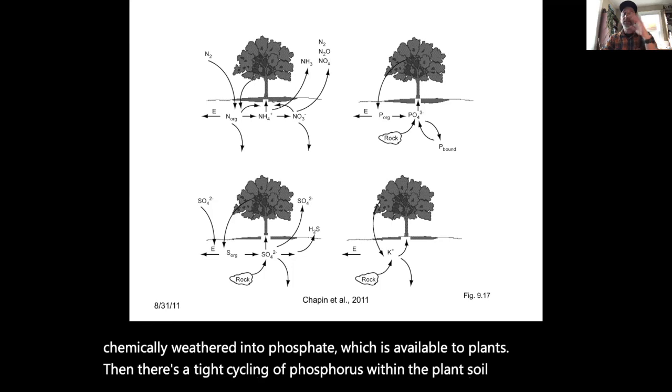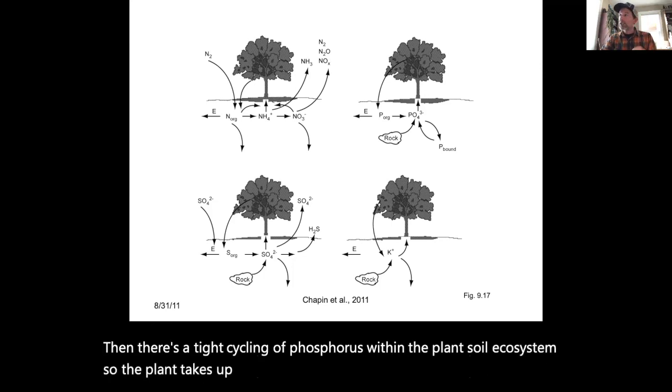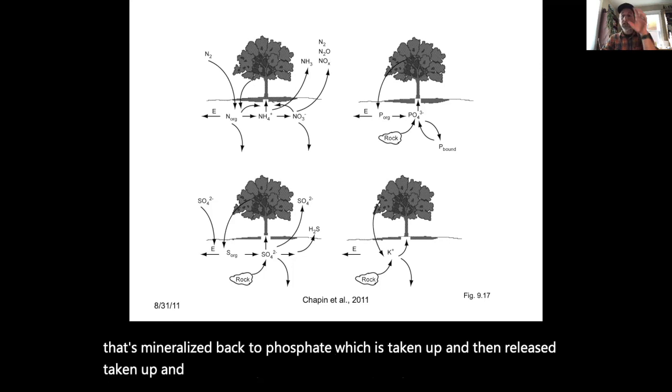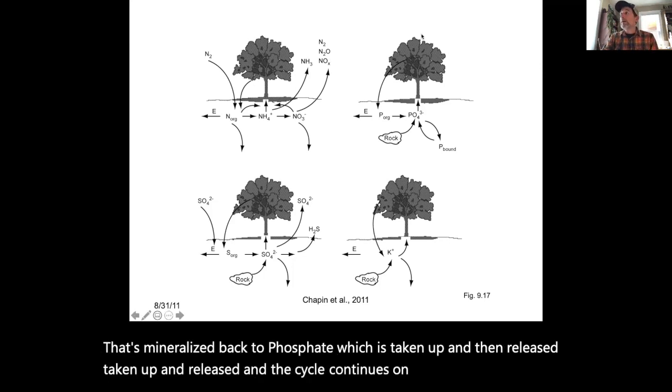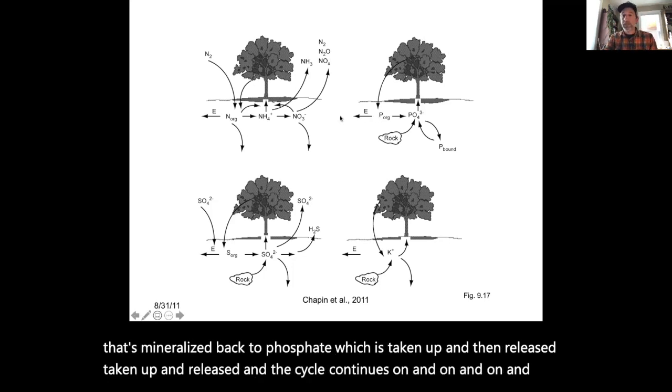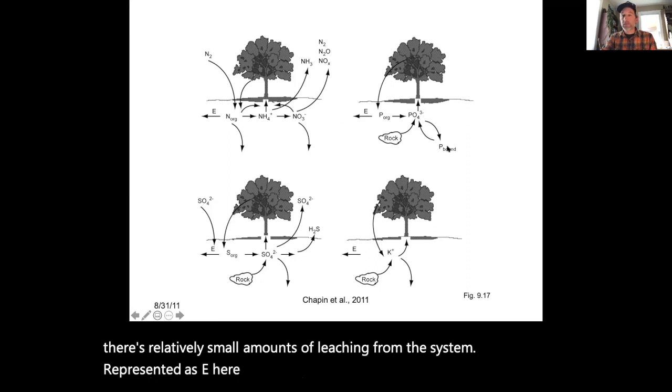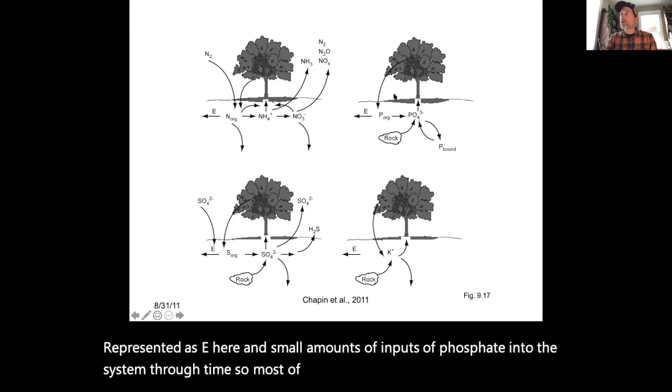So the plant takes up phosphate, it releases phosphorus in organic form, that's mineralized back to phosphate, which is taken up and then released, taken up and released, and the cycle continues on and on. And there are relatively small amounts of leaching from the system, represented as E here, and small amounts of inputs of phosphate into the system through time. So most of it, again, is internally cycled.